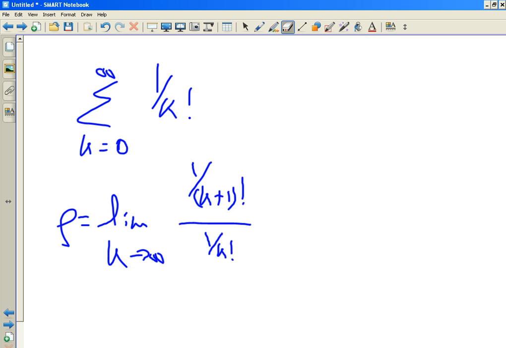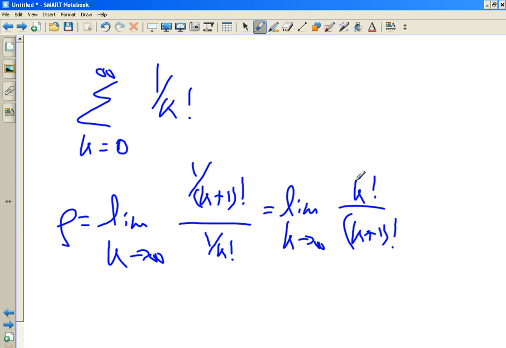Well, what is this limit? What do you do with this? The limit as k goes to infinity of k factorial over k plus 1 factorial. This limit is easy if you realize that it reduces. What's k factorial into k plus 1 factorial?